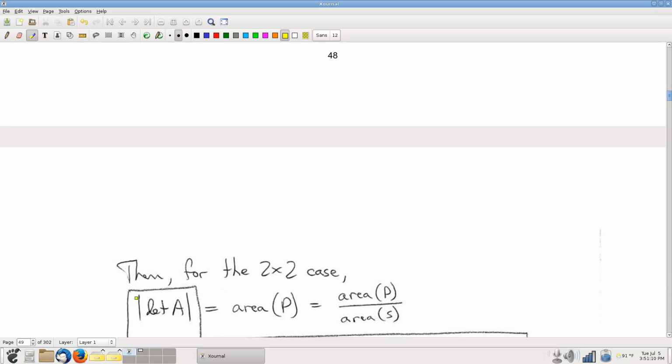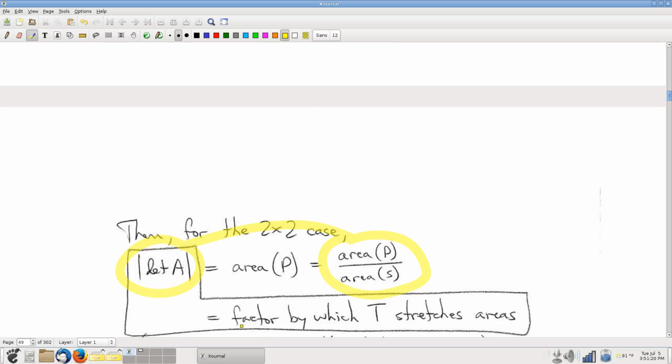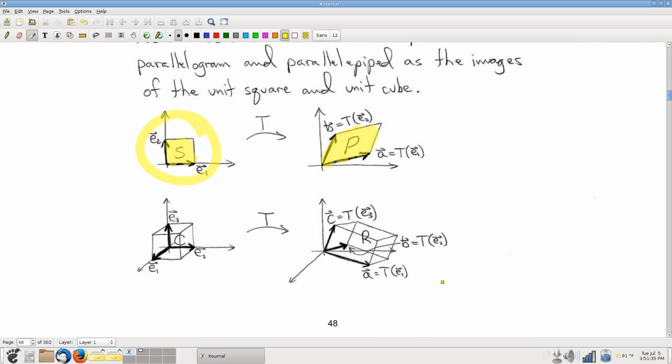So what we have then is that our old formula, reconceived, can be thought of as an area stretching factor. The absolute value of the determinant you see here is the proportion of the output area of the parallelogram and the input area of S. It's how much this function here has stretched out areas from the input to the output. The proportion, that area divided by that area.